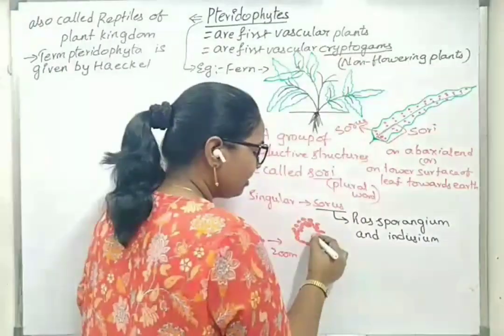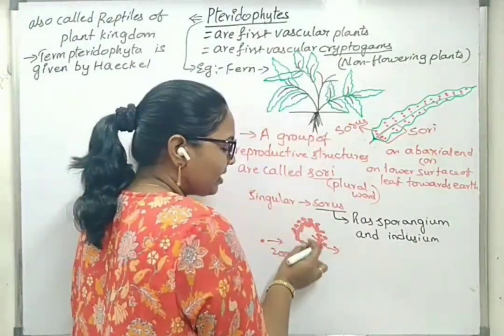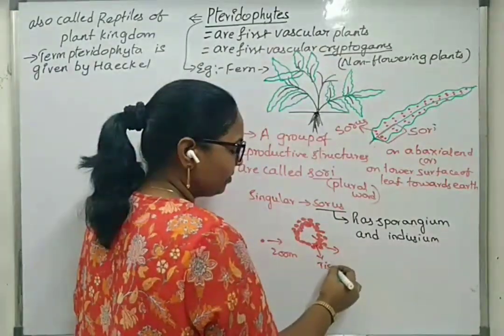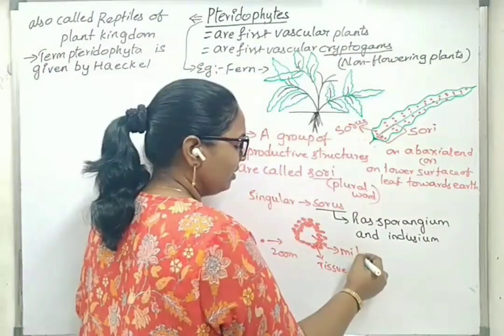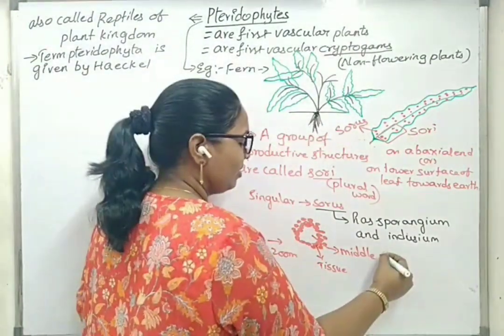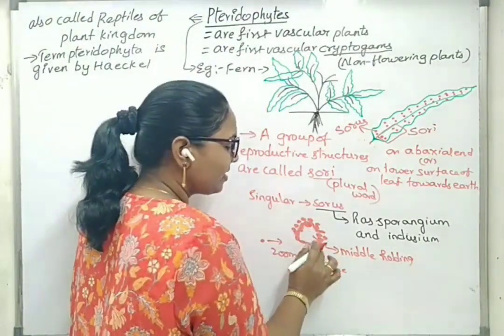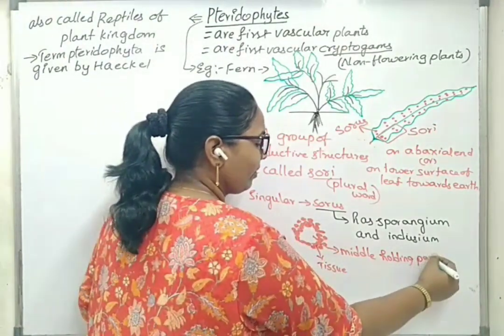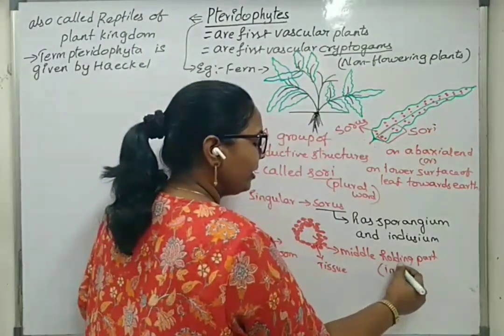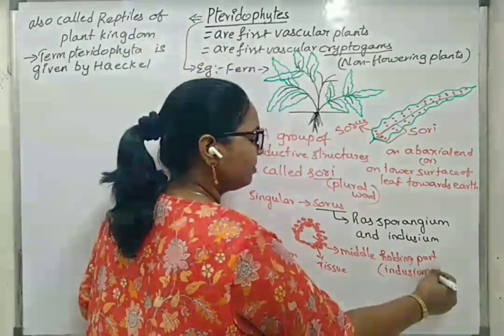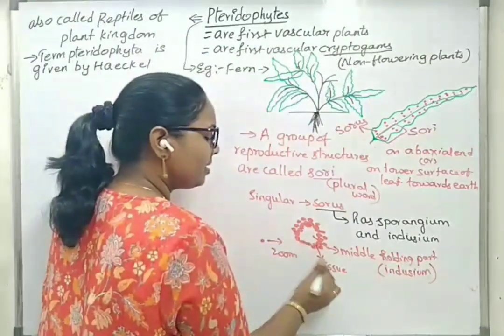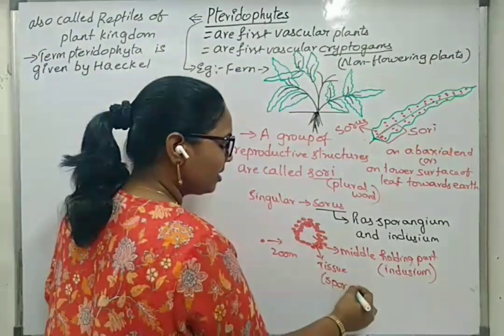The middle part is holding the surrounding tissue. This is called the indusium. This tissue is called the sporangium.